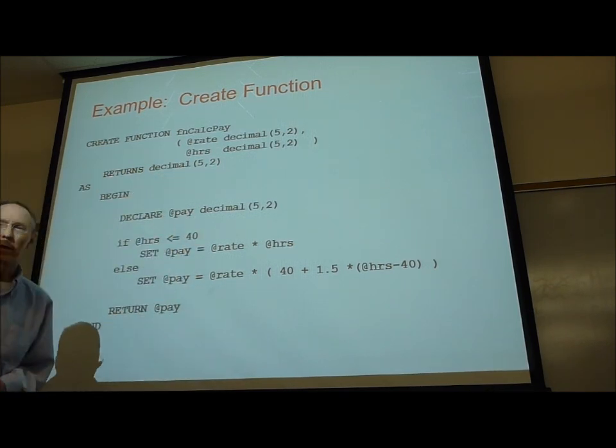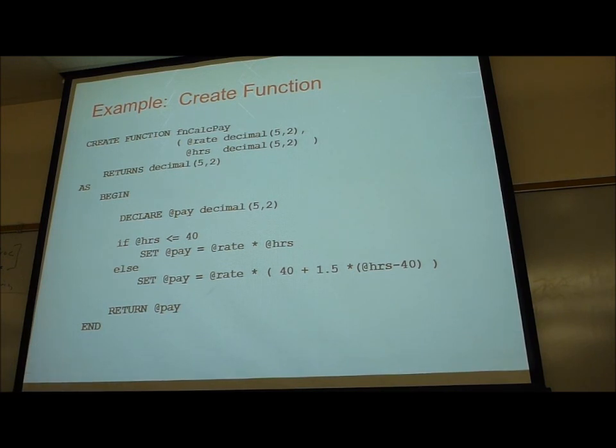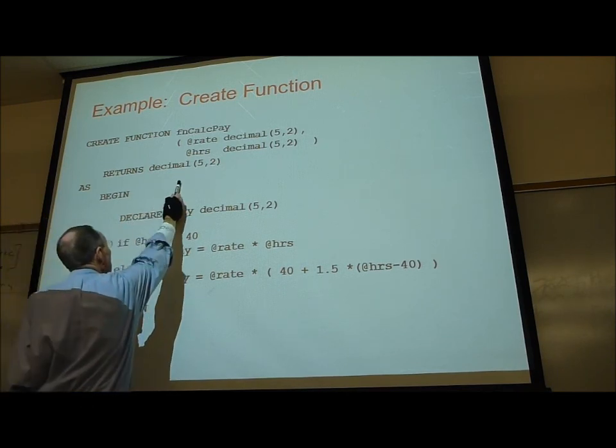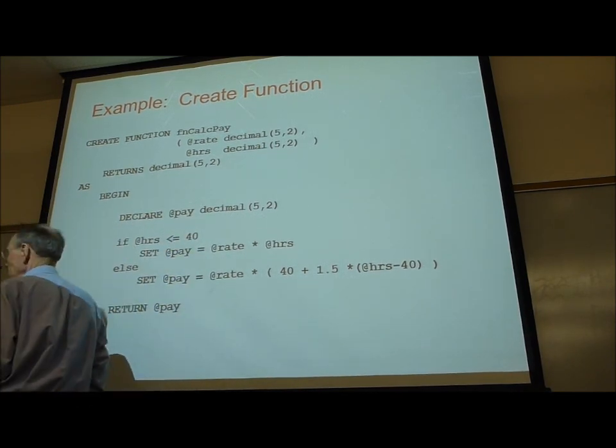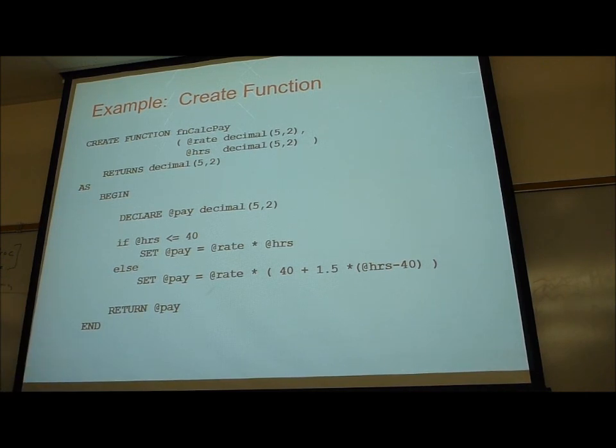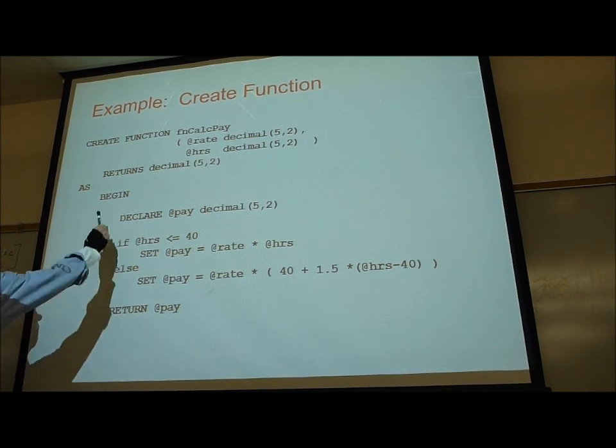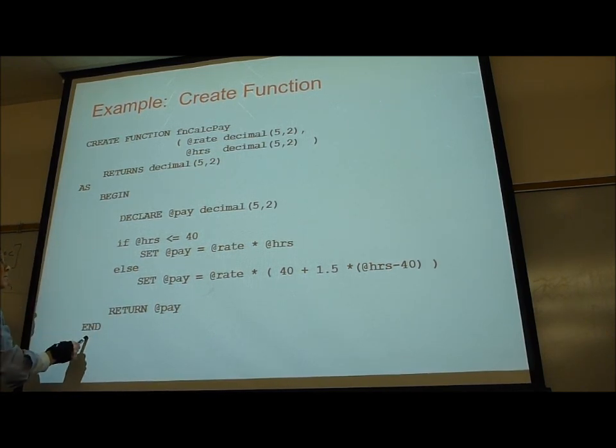We're going to take two arguments, the rate and the hours, because that's what's needed to do the calculation. I'm going to return a decimal 5-2. Two decimal places, no more than 5 digits. And in this case, I use the optional as. And then begin and end.